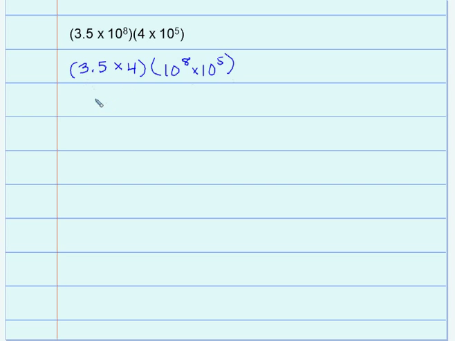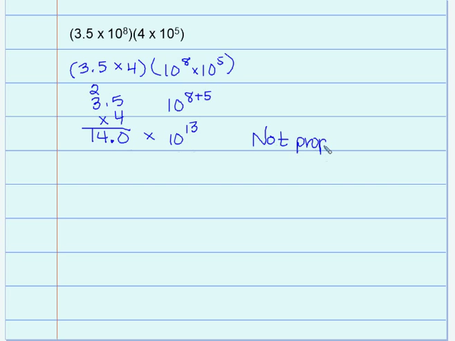And so this we need to work out. 3.5 times 4.1... 3.5 times 4, I mean, with one decimal place, we get the number 14, and this over here is 10 to the 8th plus 5, which is 10 to the 13th. So our answer at this point is 14 times 10 to the 13th. But this is not proper form.